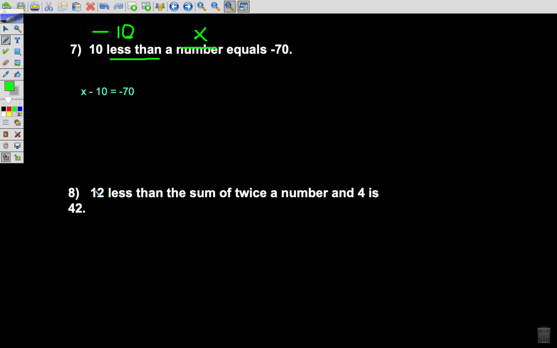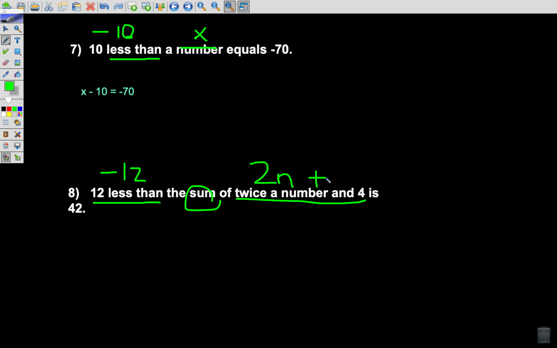All right. 12 less than the sum of twice a number and 4. 12 less than. So right here I'm going to say, all right, subtract 12 from what? A sum. A sum of what? Twice a number and 4. Well, twice a number is 2 times n, so 2n or 2x if you prefer, but I used n here.